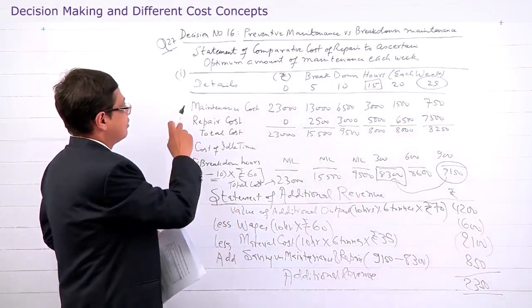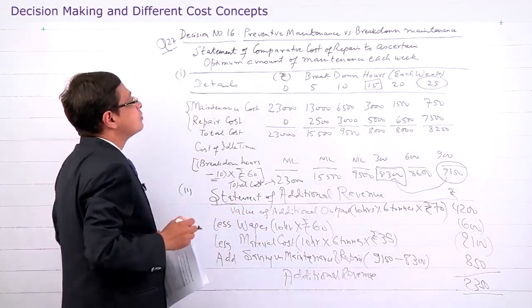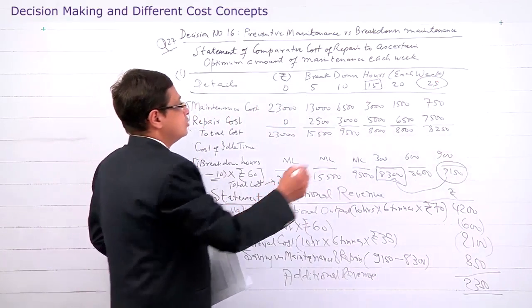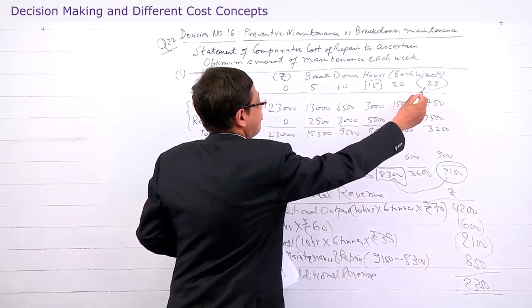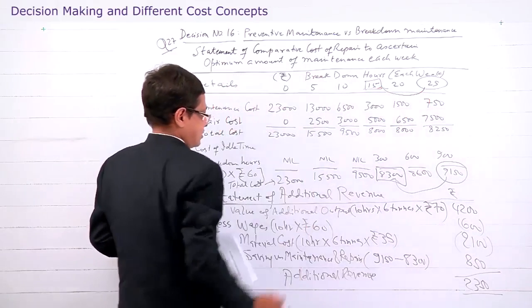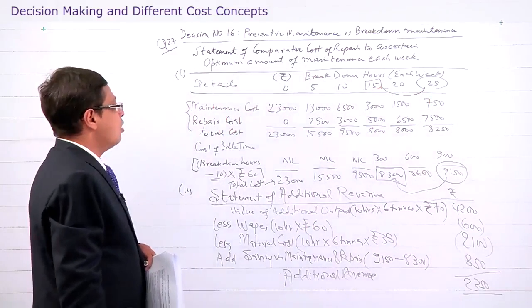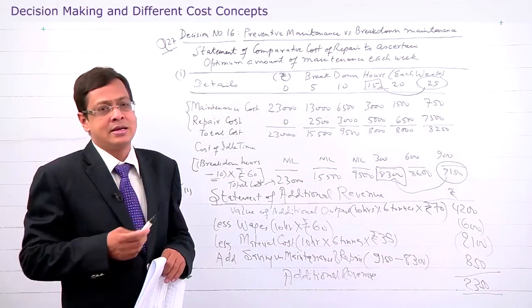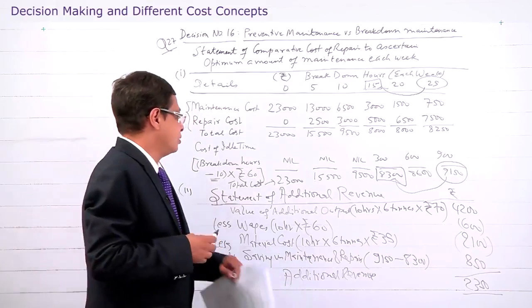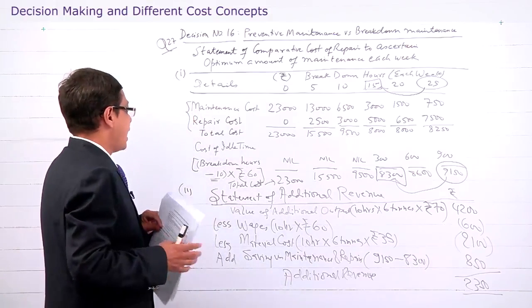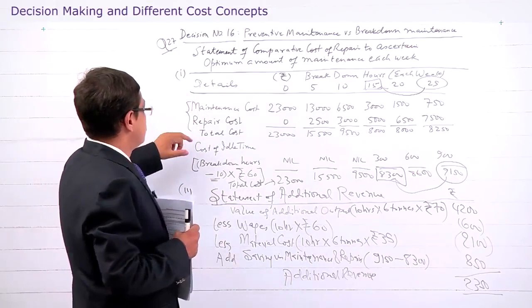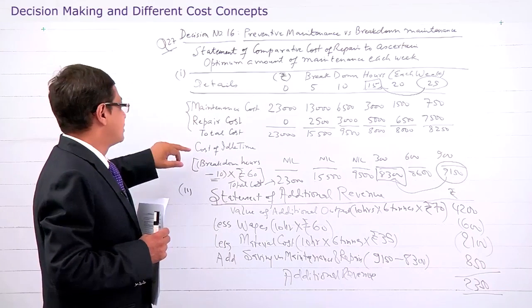Now with preventive maintenance, you can come to a level where you reach from 25 hours to 15 hours, right? So for this 10 hour of saving, what is the extra money I am getting? The additional revenue.